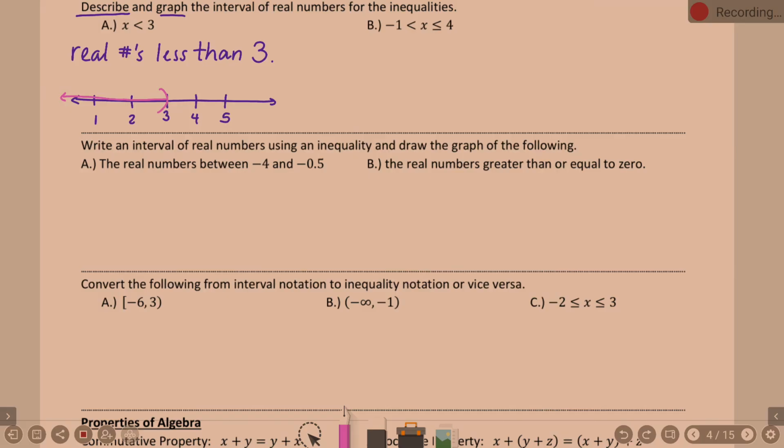So you guys had the idea you're shading left of 3, right? Whether you draw a line or the other option is some type of shading left of 3. 3 is the number they give me, so that's a starting number.